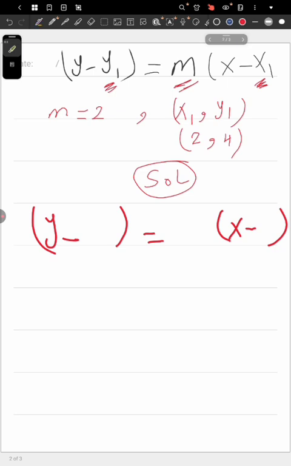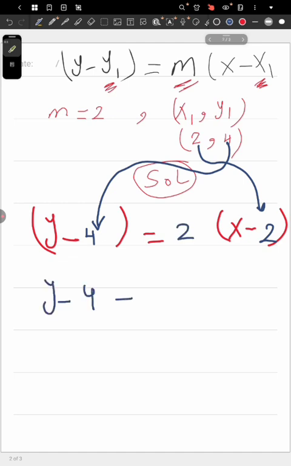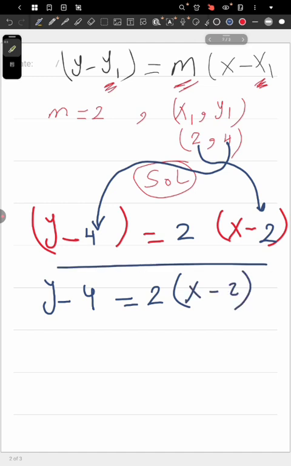You replace the y1 with this 4 and the x1 with this 2, and m equals 2. Then the equation is y minus 4 equals 2 times x minus 2. That is the equation of a straight line using the given point and slope.